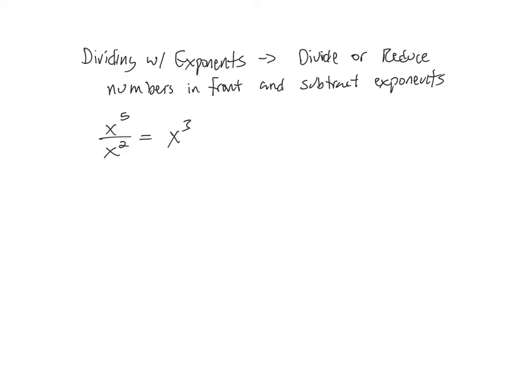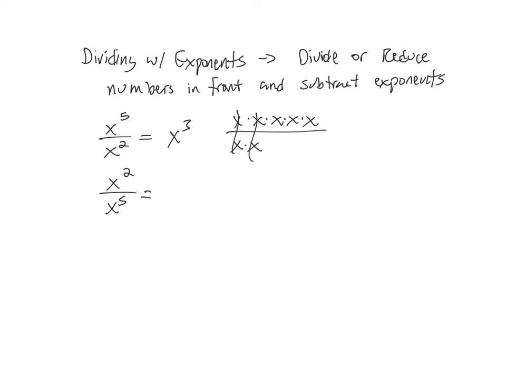And so there is like a visual that you could look at for this, and I'm going to show you something in a second. But so these reduce and these reduce, and you're left with 3 of them. Okay, so if you had it the other way around, you could still say, okay, 5 minus 2 is 3.